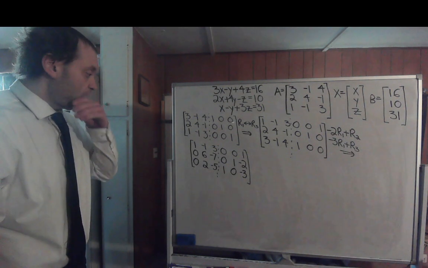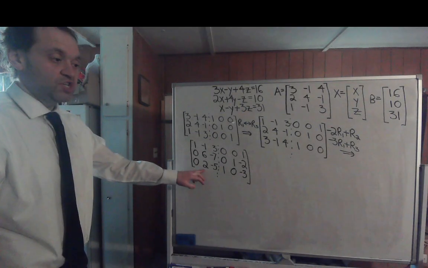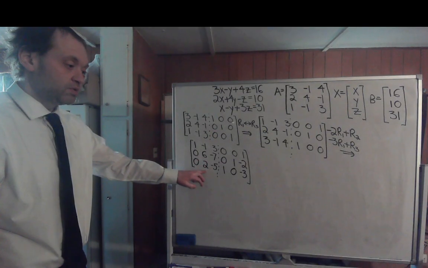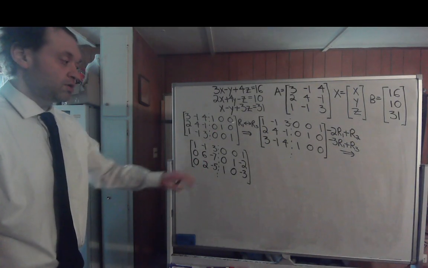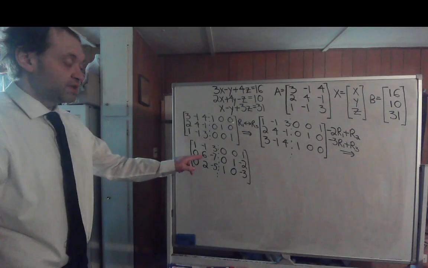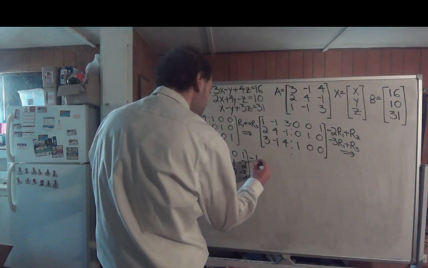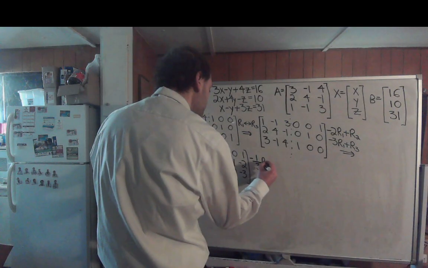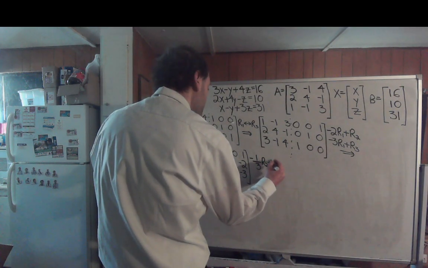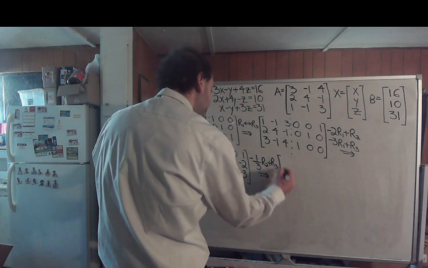So I'm going to suggest now we make the second digit in row 3 a 0. That can be done by, if I take negative 1/3 of row 2 and add that to row 3. So let's take negative 1/3 of row 2, add that to row 3, I'll get the reformed third row.